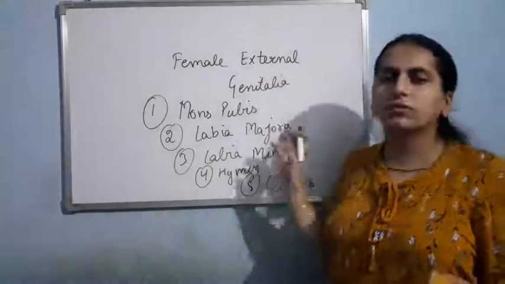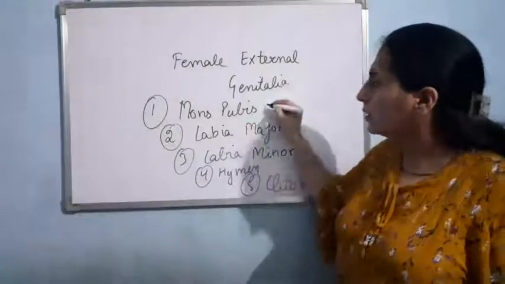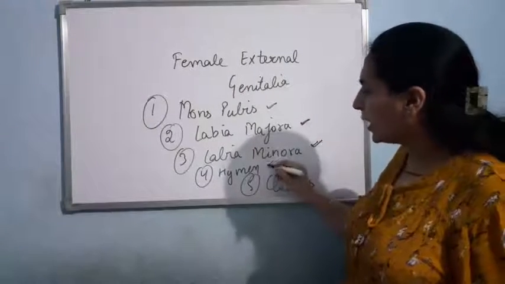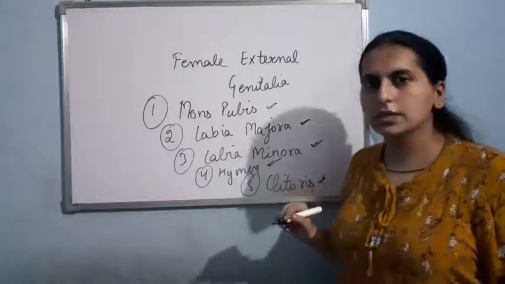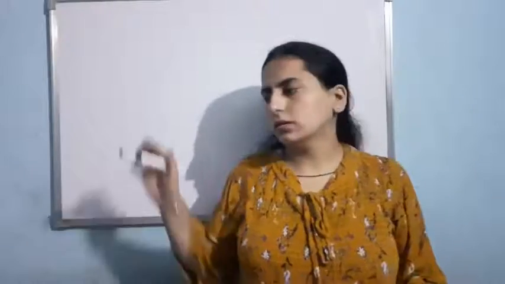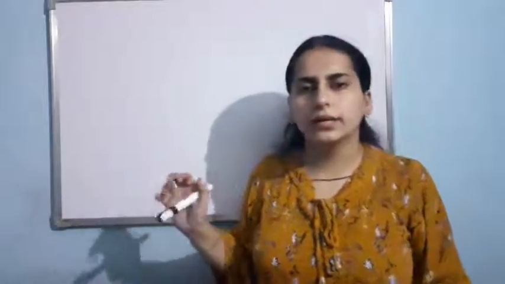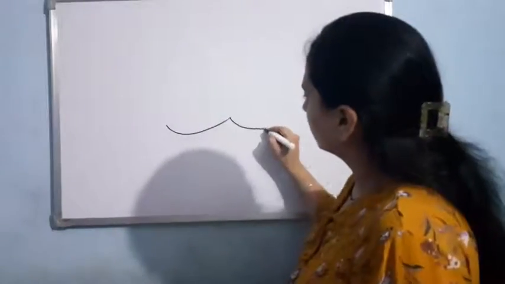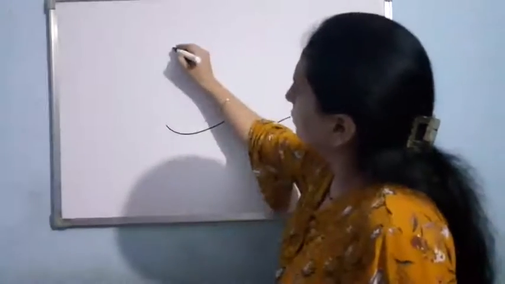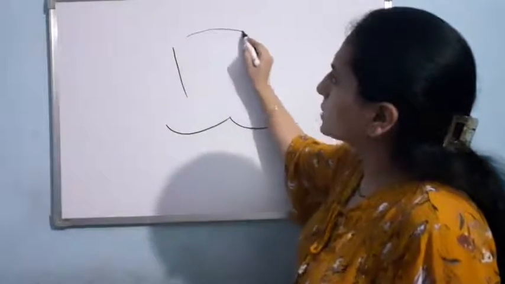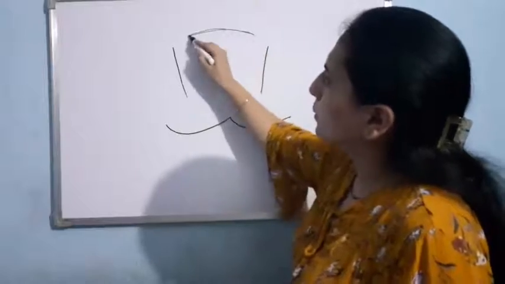These are the parts of the female external genitalia: mons pubis, labia majora, labia minora, hymen, and clitoris. Clear? Now let me explain this a little bit with a diagram. Now let us talk about the female external genitalia. So first of all, first part is mons pubis.